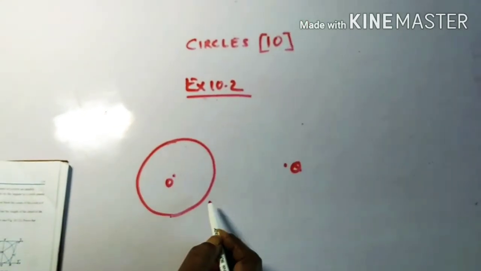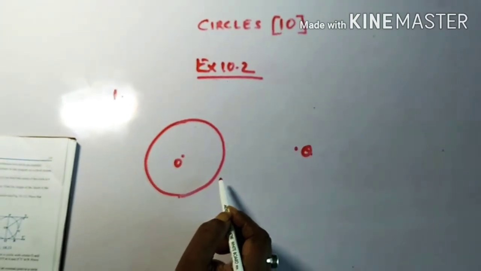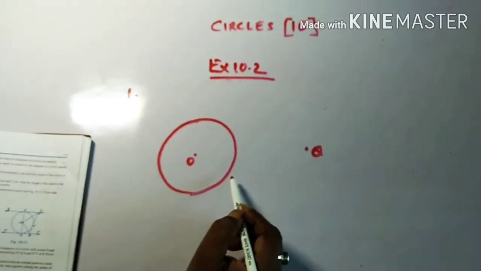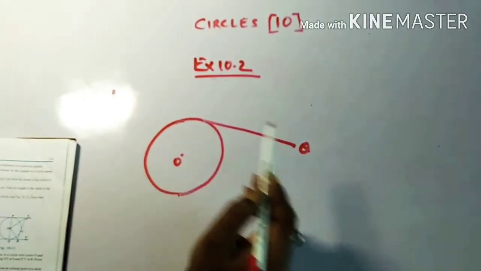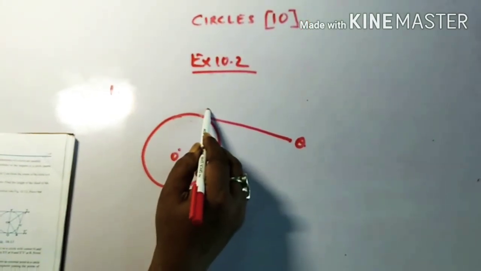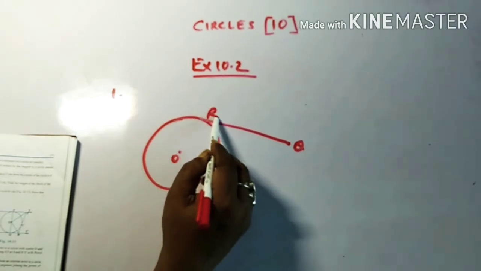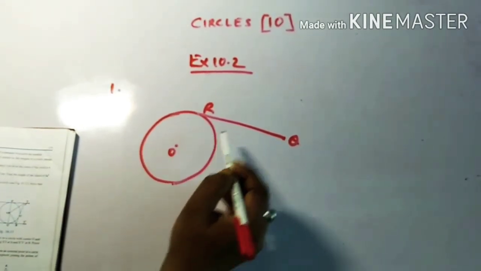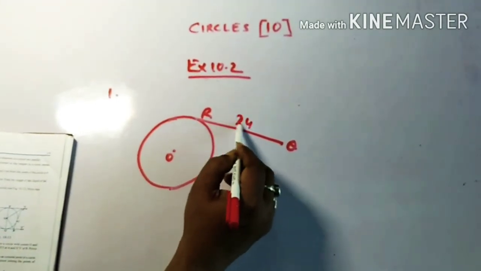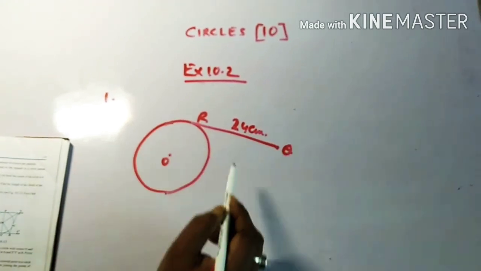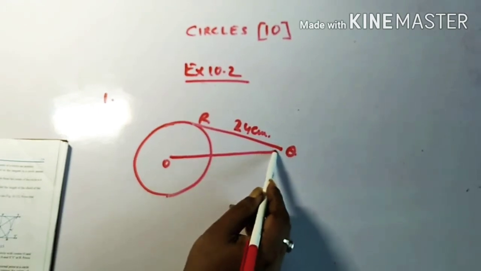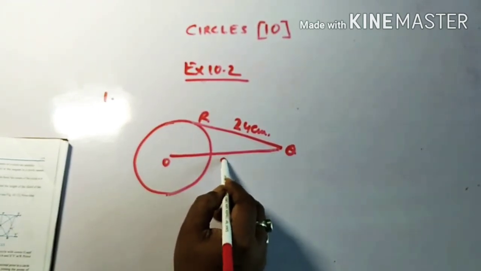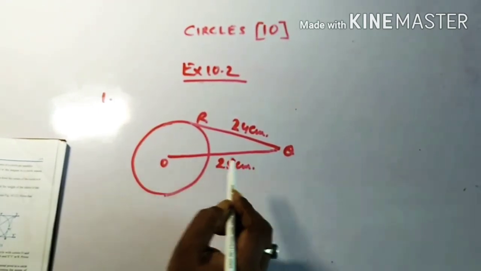The length of the tangent to the circle, let this be R, is 24 cm. And the distance of Q from the center is 25 cm.